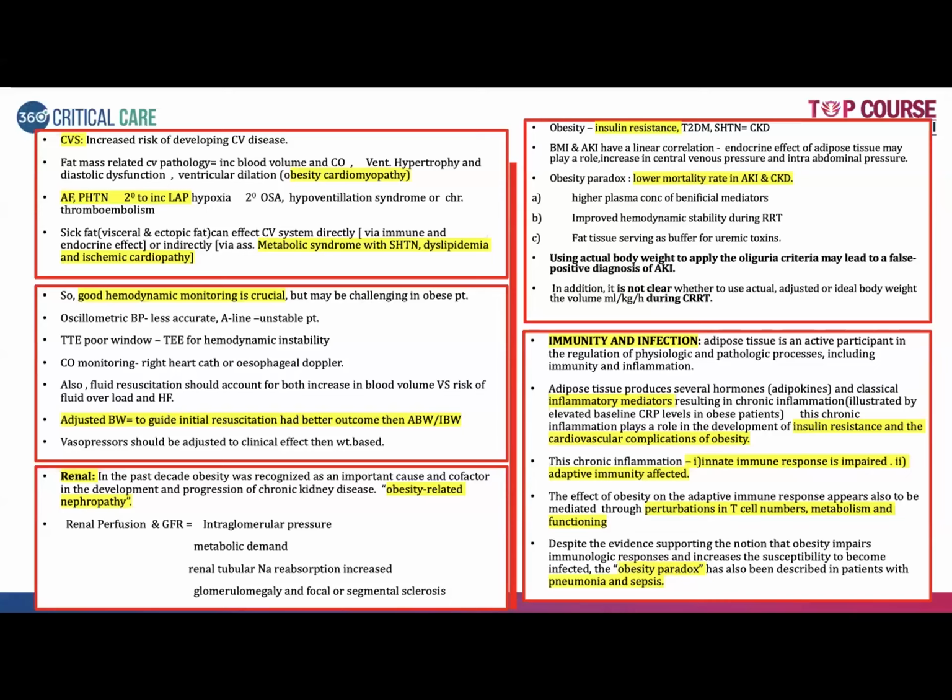The innate immunity as well as adaptive immunity is affected in obese patients. There are perturbations in the T cell immunity as well. But still, though we understand they are at risk of infection, there is an obesity paradox which has been described in these patients in relation to pneumonia and sepsis. So the outcome is good in these patients.